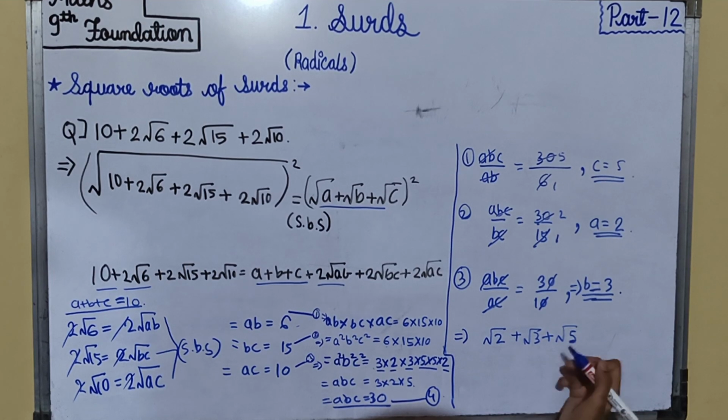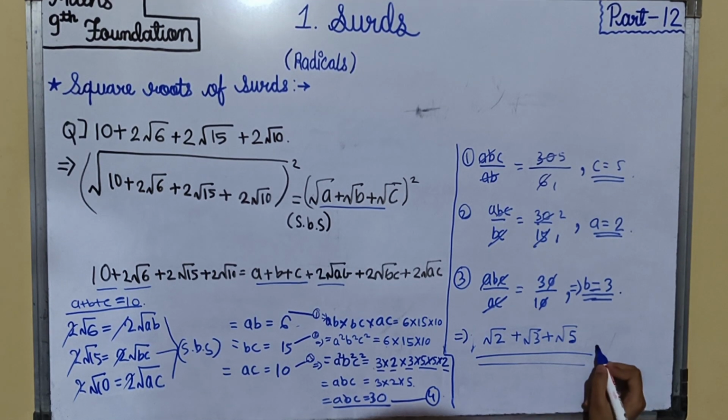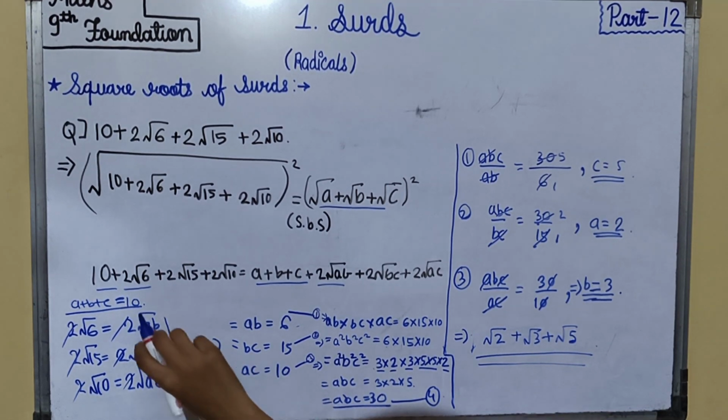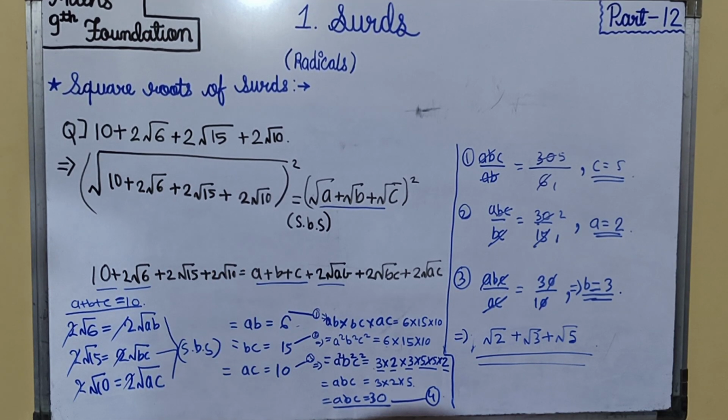As this is an addition, we can write them in any order. This will be the answer, root 2 plus root 3 plus root 5. So again I'll repeat, the square root of 10 plus 2 root 6 plus 2 root 15 plus 2 root 10 is equal to root 2 plus root 3 plus root 5.